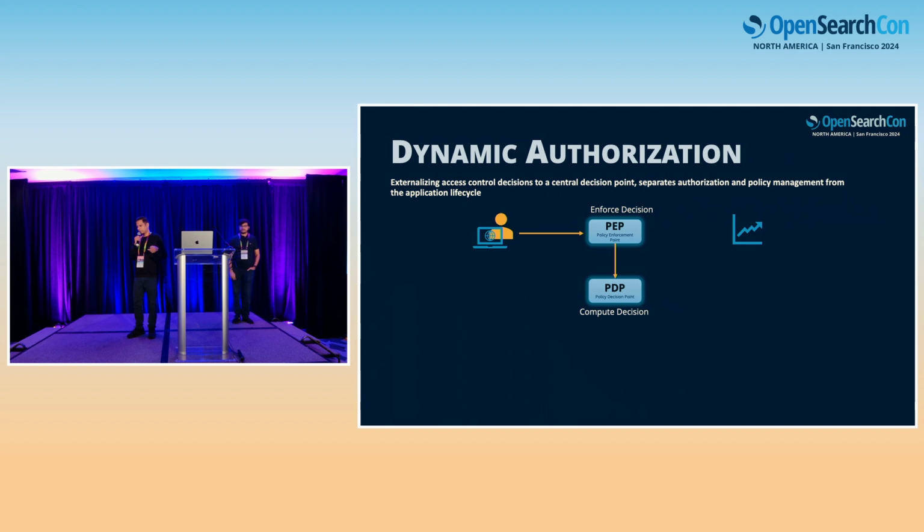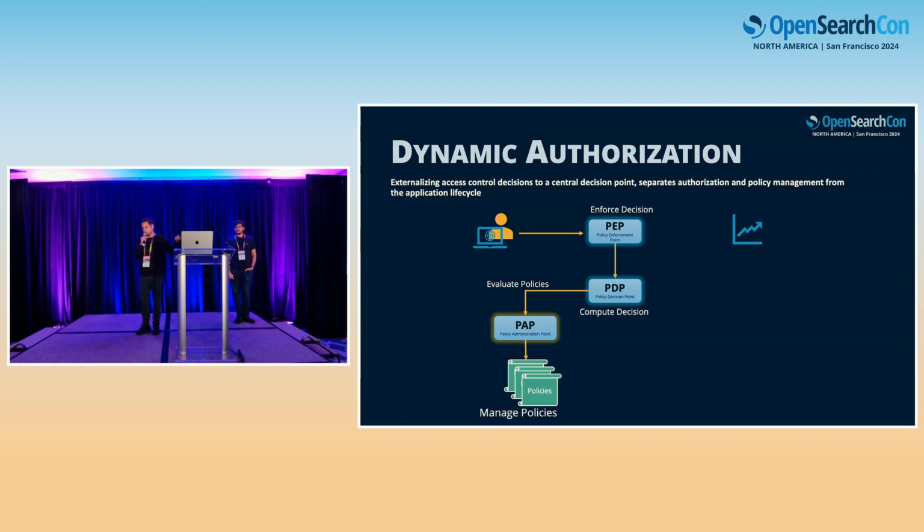Before enforcing the decision, the security guard needs to know the decision. The decision is computed at the policy decision point, called PDP. PDP, to compute the decision, needs to get some values or policies. These policies are evaluated in PDP but pulled in from PAP. PAP is the policy administration point, which maintains the life cycle of policy documents.